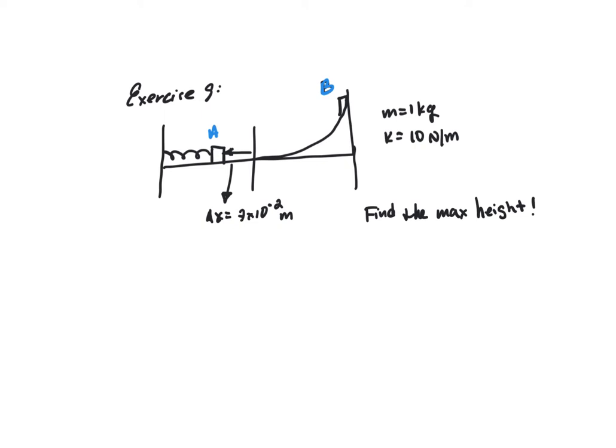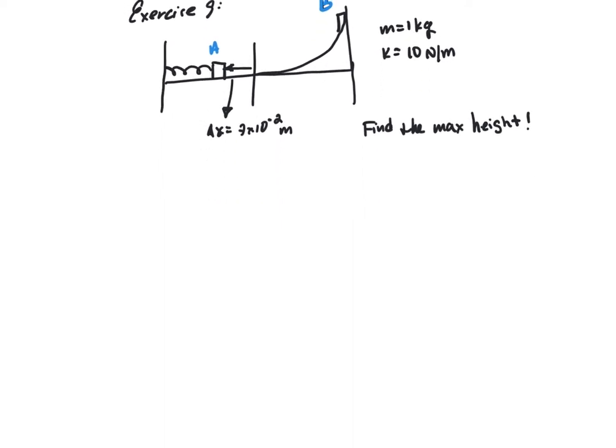All right, so to find the height, we're going to be working with mechanical energy conservation. Mechanical energy of A equals mechanical energy of B. So let's write out what we have.